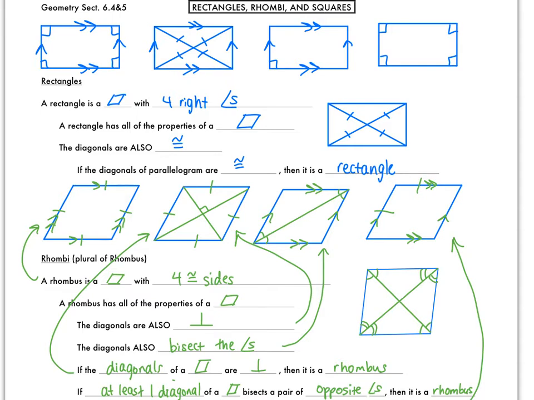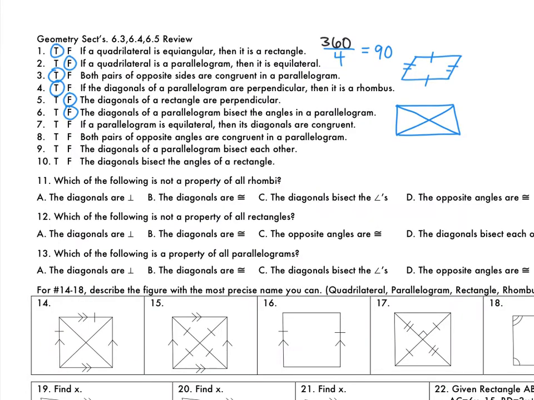So we could have labeled these like this. They still bisect each other. However, they're not necessarily congruent against each other. They're not congruent this way, but they do intersect at a right angle. It's the square that happens down here, that the diagonals bisect each other and are congruent. So that's going to make number seven false. So we'll come back here and make it false.